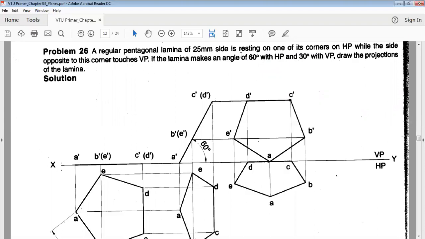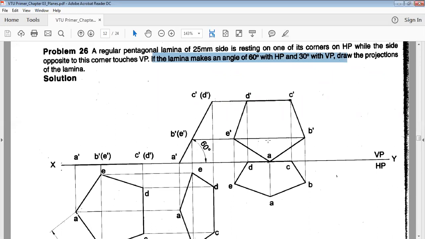So read this sentence very, very carefully. Anywhere in the problem, with respect to HP and with respect to VP, if you sum the angles and it is equal to 90°, you need not draw the 30° line. Straight away we go for 90° and then we'll do it. Hope it is clear. This is one way of identifying a problem under complementary angle.